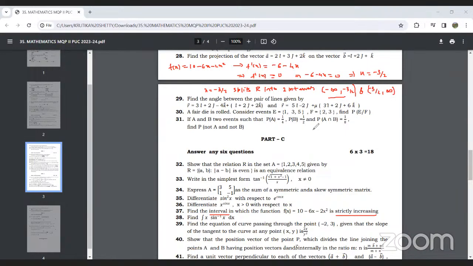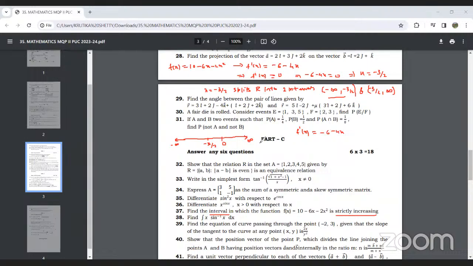Now we need to check in which of these intervals the function is strictly increasing. For your understanding, I'll consider the number line with minus 3 by 2, then minus infinity and plus infinity. Consider f dash of x is equal to minus 6 minus 4x.